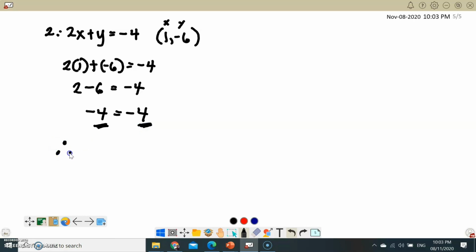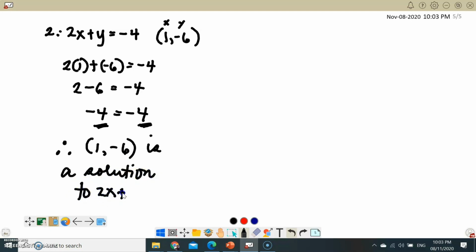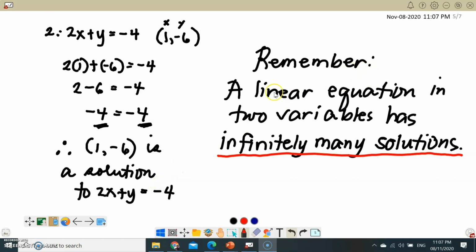Therefore, 1, negative 6 is a solution. Okay, don't forget, it is a solution to the equation 2x plus y is equal to negative 4. Always remember, a linear equation in two variables has infinitely many solutions.